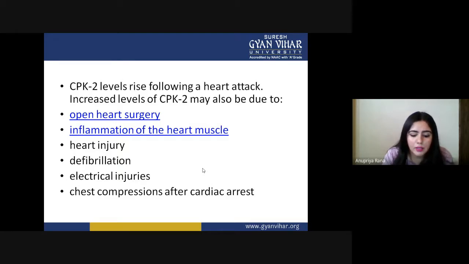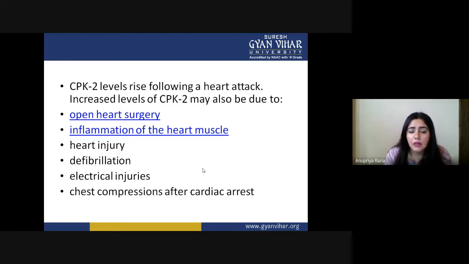An increased level of CPK2 may also be due to open heart surgery. What are the reasons for an increased CPK2 level? Open heart surgery, inflammation of the heart muscle, heart injury, defibrillation, electrical injuries, and chest compression after cardiac arrest.